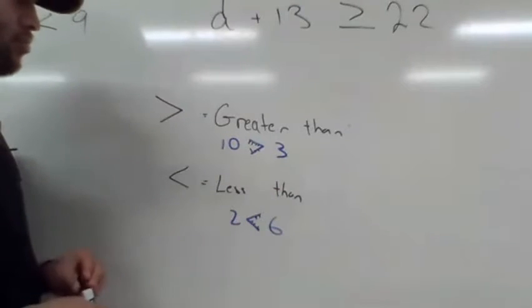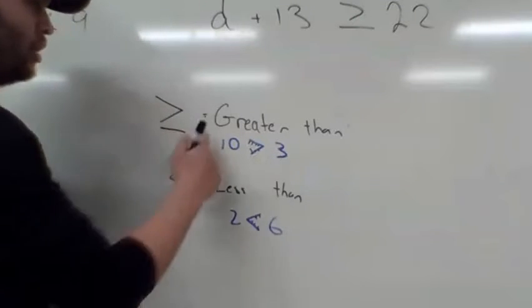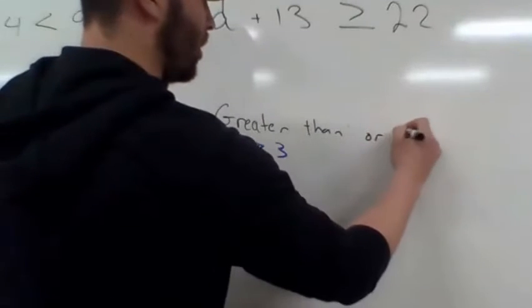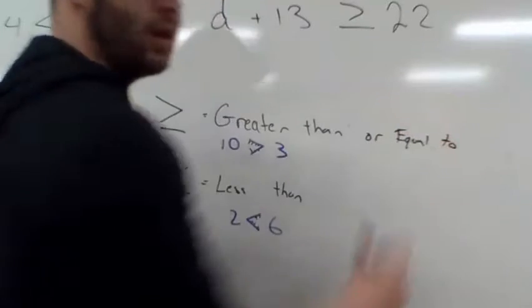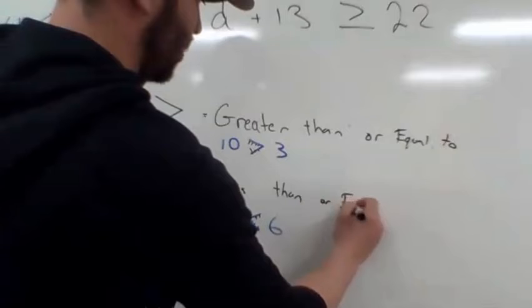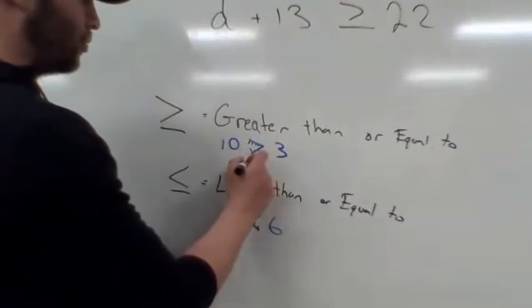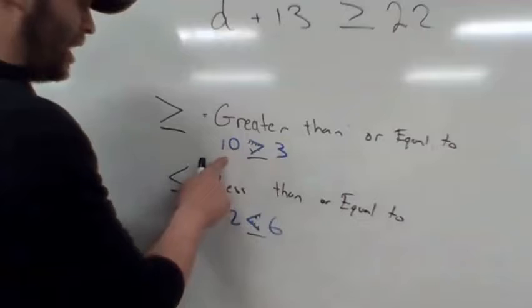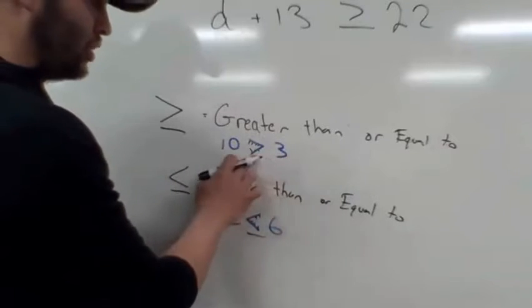It shouldn't be new, it's just review again, but if there's a line underneath, these are greater than or equal to, and this would be less than or equal to as well. So what is that saying? Well, that's saying 10 is greater than or equal to 3, which is not true. It's just an example.